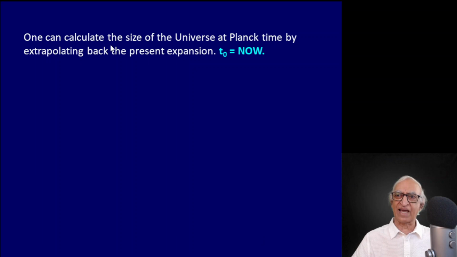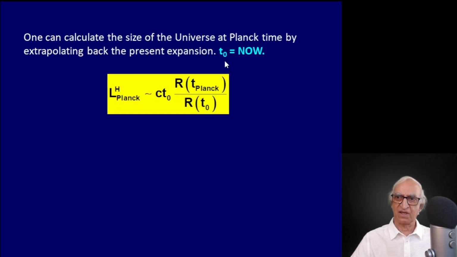As I said, one can calculate the size of the universe at the Planck time, size of the homogeneous part of the universe at the Planck time, by extrapolating back from today, t naught, according to Friedman's equations. Now, as I already said, the size of the homogeneous region of the universe at Planck time will be c t naught, the present time, multiplied with the scale factor at Planck time divided by the scale factor today.